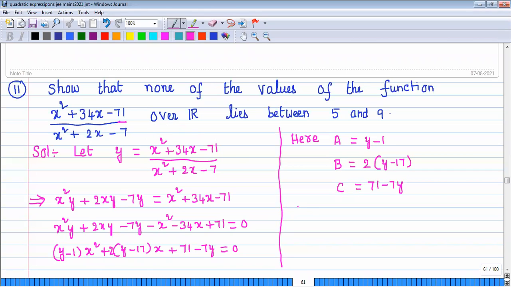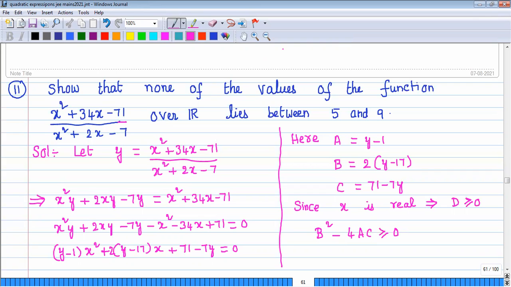So since x is real, b square minus 4ac is greater than or equal to 0, that implies discriminant is greater than or equal to 0.